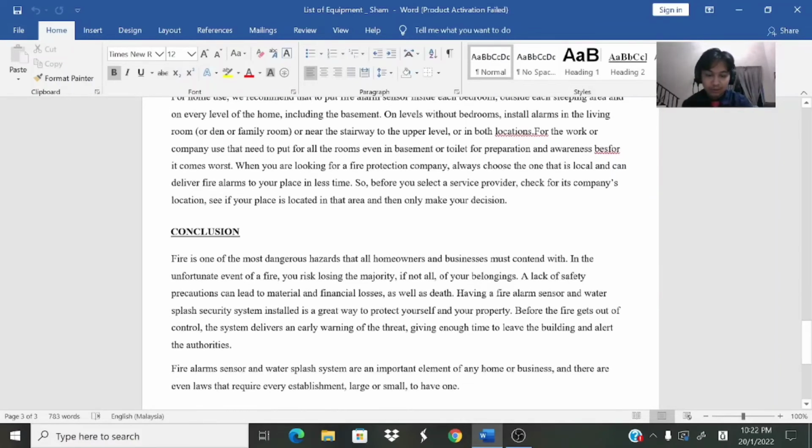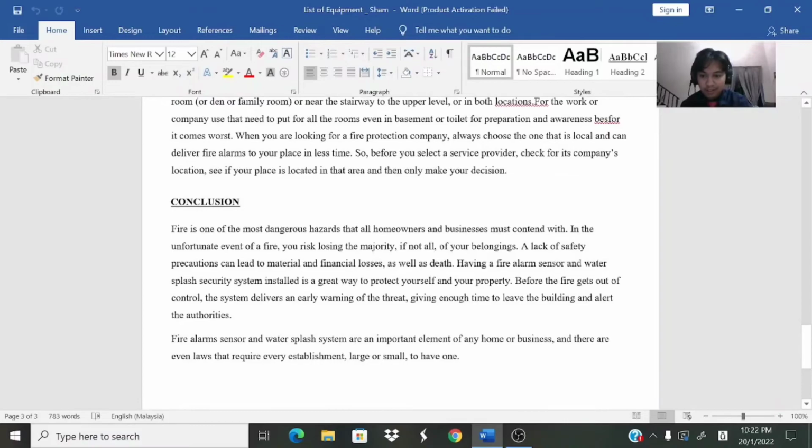The conclusion for us is the fire is one of the most dangerous hazards that all homeowners and businesses must contend with. In the unfortunate event of a fire, you risk losing the majority, if not all, of your belongings. A lack of safety precaution can lead to material and financial losses, as well as death.